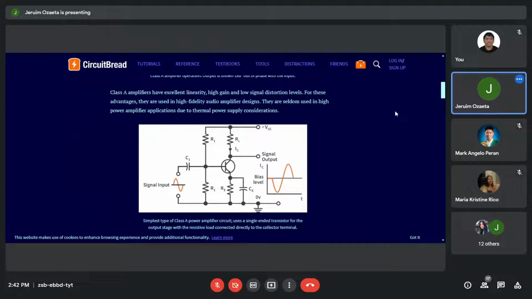What is in the diagram? Basically, at the base circuit, we have R sub 1 and R sub 2 as the biasing resistors. R1 and R2 serve as the base bias. R1 and R2 determine the polarity or the instantaneous value of the current that is entering the base. At any instant, R1 and R2 form a voltage divider, wherein at the center of this voltage divider is the input going into the base of the transistor.